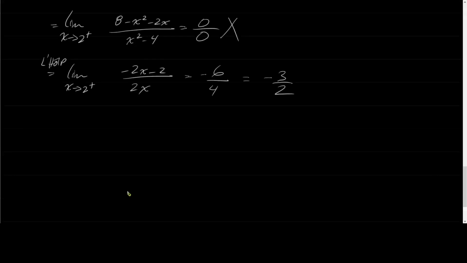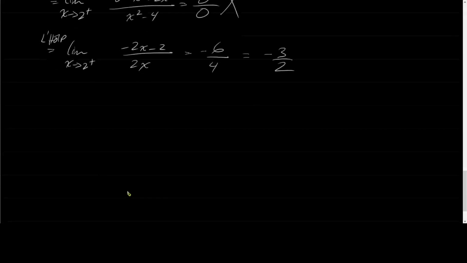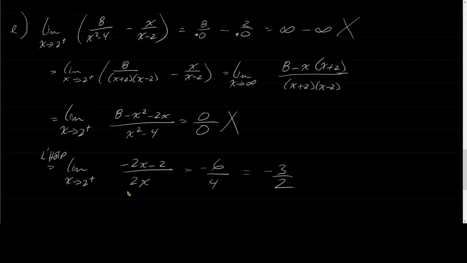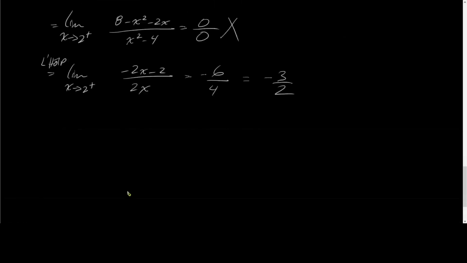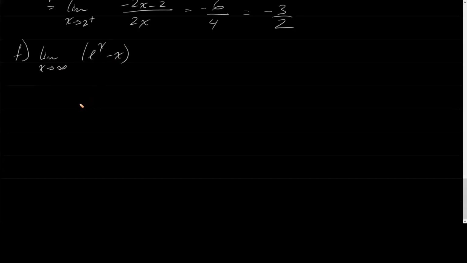So let's look at another example of this, or something like this. So that was E. So F, let's say we have the limit as x approaches infinity of e to the x minus x.